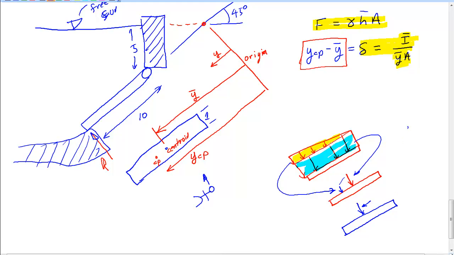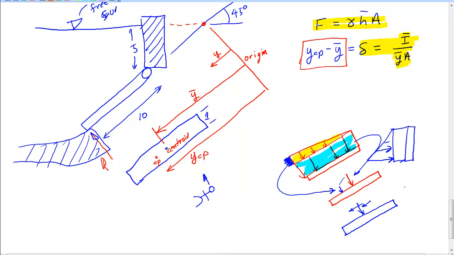As you tilt that gate further and further, you increase this value, this lower pressure, until you get it to the point that it becomes fairly large. And you shift that even further down.